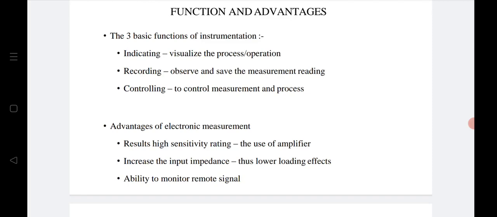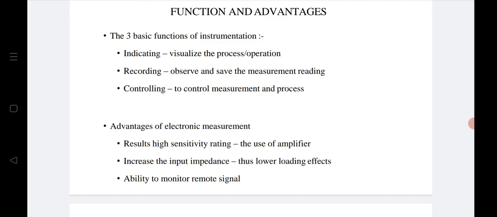Recording is observing and saving the measurement reading. We need to observe and then save that particular measurement reading. The next one is controlling. Controlling is to control the measurement and process. So these are the three basic functions of an instrumentation.